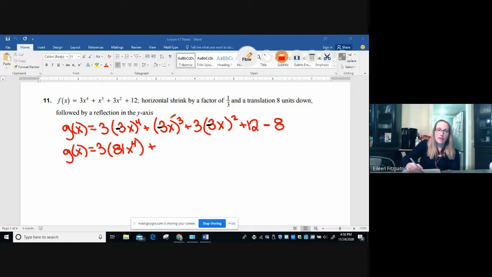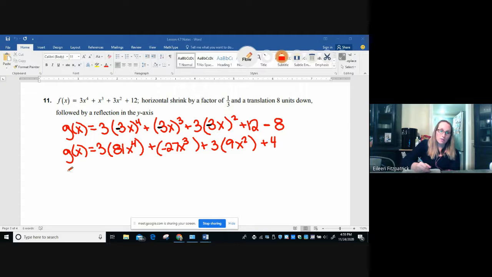And then negative 3 raised to the third is a negative 27, x to the third. Negative 3 squared is a positive 9x squared. And then we can simplify 12 minus 8 will give you your 4.